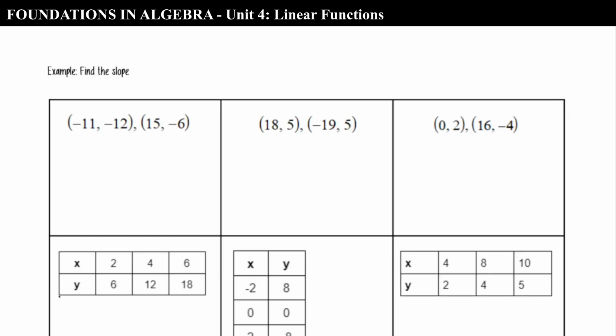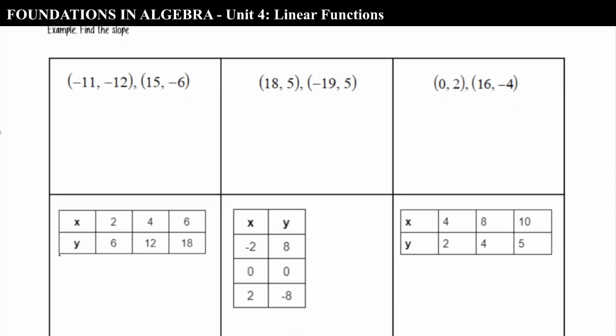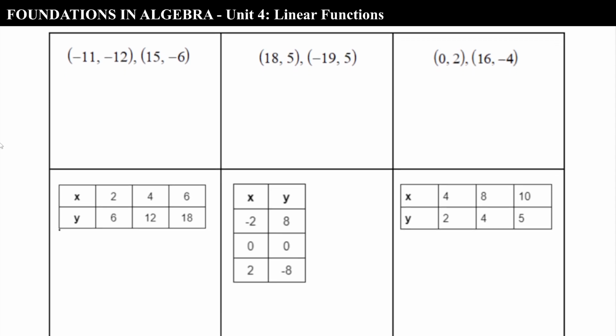So let's find the slope, starting off with a set of ordered pairs. So for this one, we're going to let this be x1, y1, x2, y2. So our slope, if we draw our division bar, put in our minuses, y2 is going to be negative 6, y1 is going to be negative 12, x2 is 15, and x1 is negative 11.